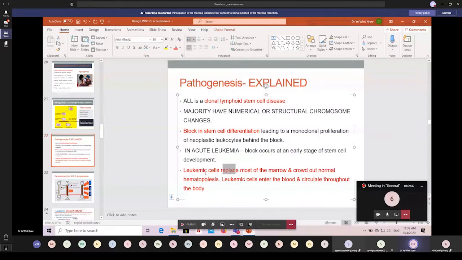The leukemia cells replace most of the marrow. In lymphoid leukemia, a lot of lymphoblasts are produced, so they suppress other lineages like platelet or RBC synthesis, because the whole bone marrow is filled with leukemia cells. So RBC count and platelet count are reduced. They suppress other hematopoiesis.